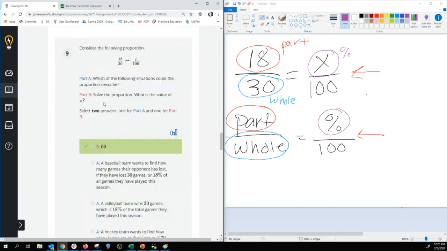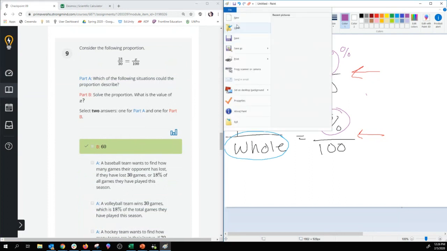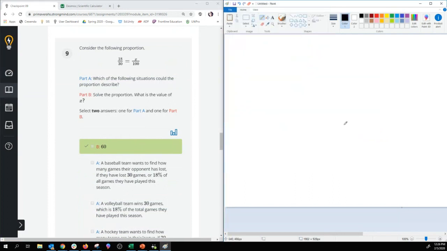And then part B is asking us just to solve the proportion. So that's just doing our cross multiplication. So I have 30 times x.